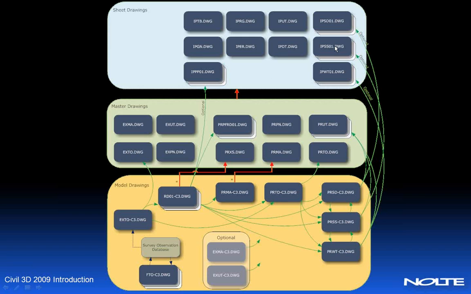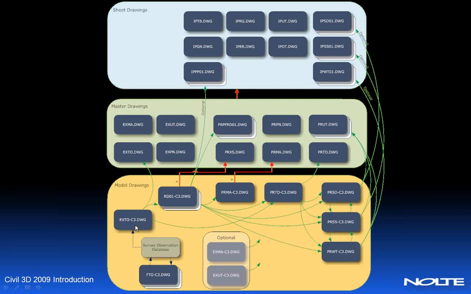In this chart, there are some colored arrows. The red arrows represent external referencing, which we're all familiar with from going from our master files to our sheet files. But for Civil 3D data referencing, we represent that using these green arrows.